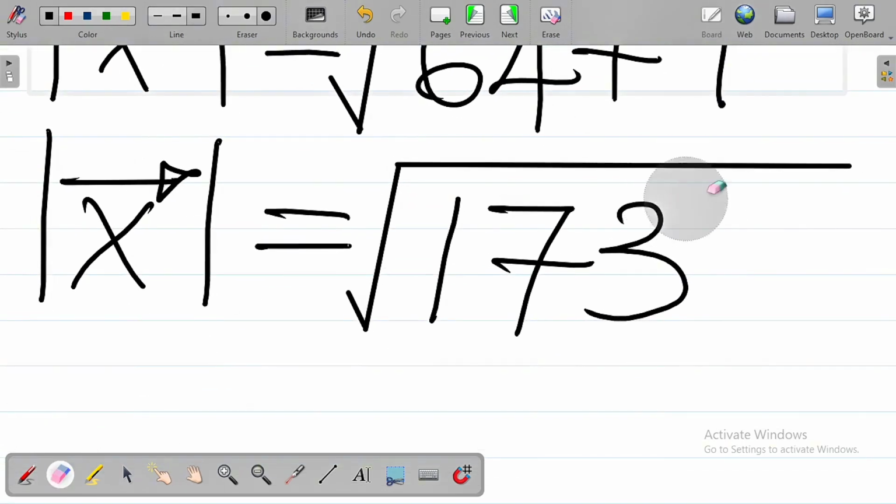It is 73. All right, so since 73 does not have a perfect square root, we are going to leave our answer in this format. So therefore, the magnitude of vector x is equal to square root of 73.